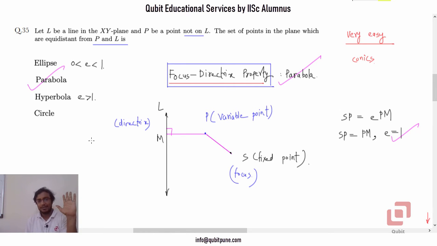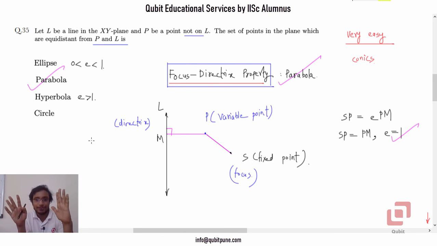I think this was the simplest problem of all as far as the calculation or concepts involved are concerned. But in a way it is also conceptual, because no matter how much you know about the standard equations of all of them, general equations, what happens if you rotate the ellipse, many things, they don't want that.